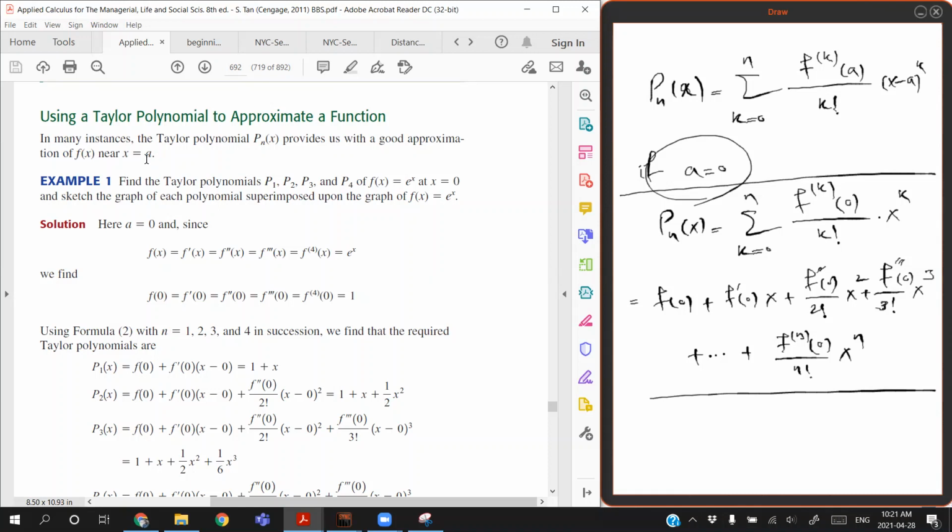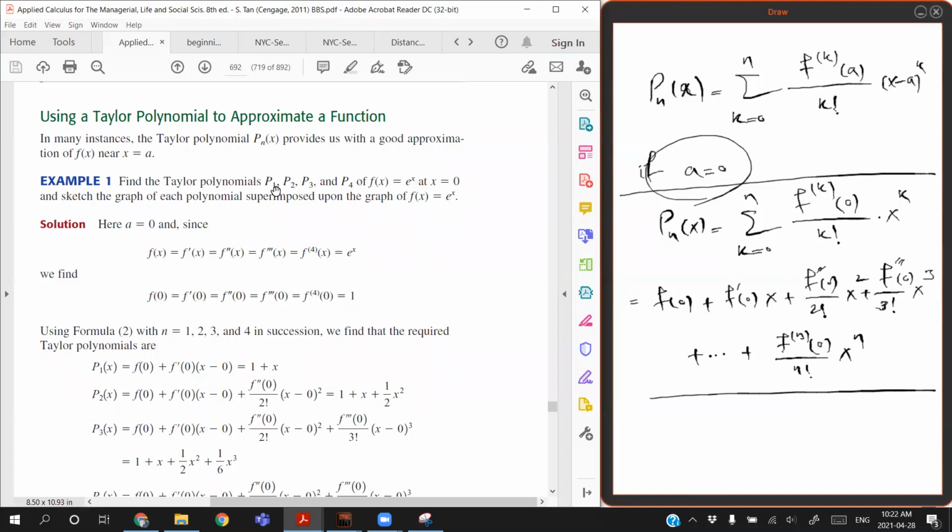Okay, so I'm going to show you an algorithm, a way of writing down these polynomials. It says find the Taylor polynomial P1, P2, P3, and P4 for the function e to the power of x at x equals 0. So a, in this case, is 0.